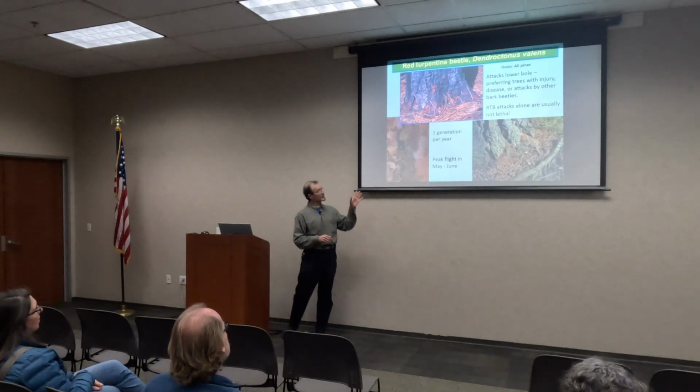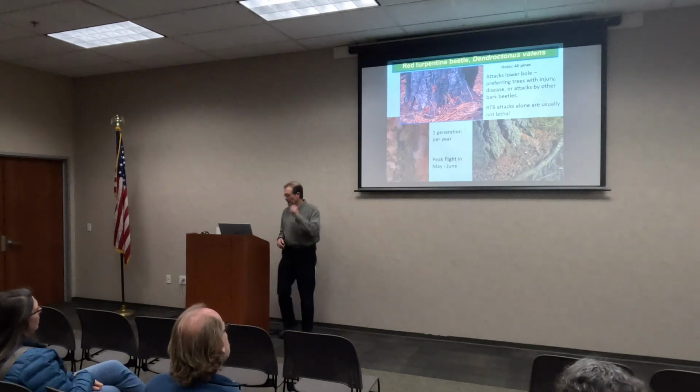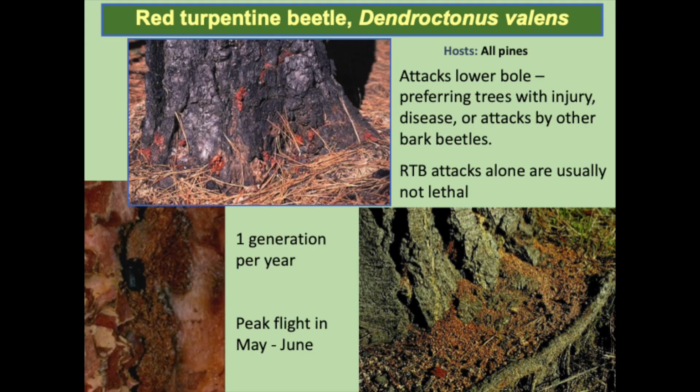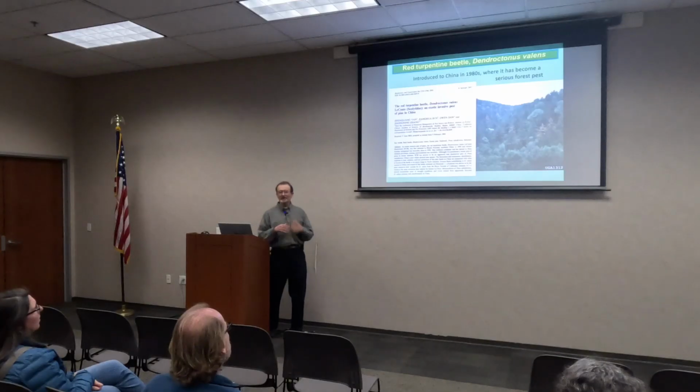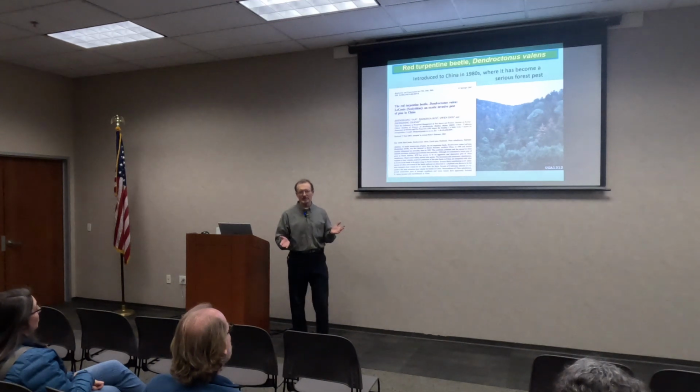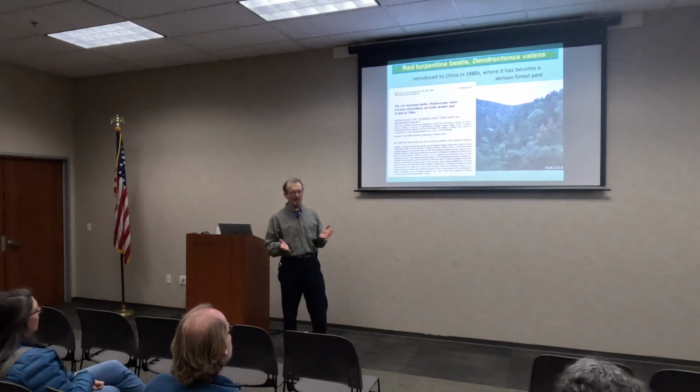But this beetle, the red turpentine beetle, which you see signs of here, usually attacks the base of a tree and the larger roots. It was accidentally introduced to China on logs that still had bark intact.